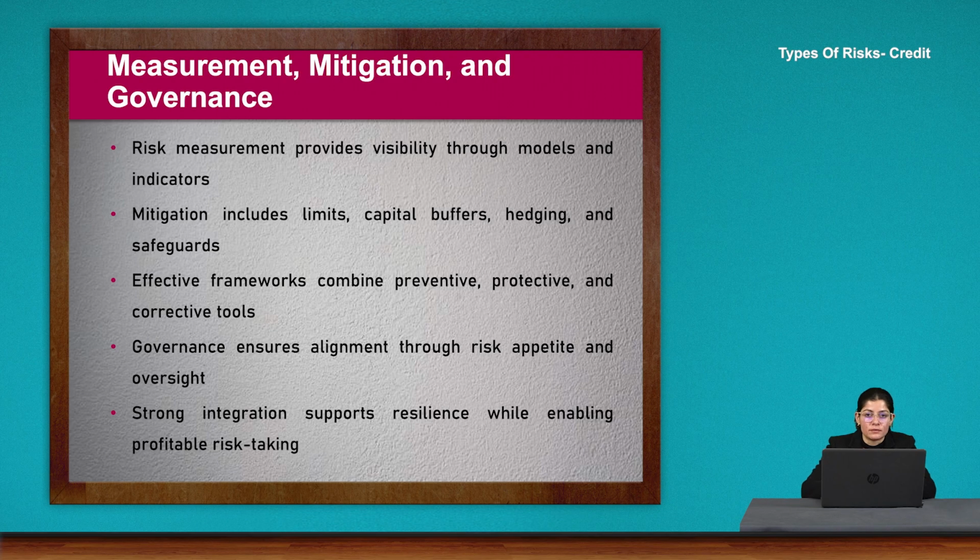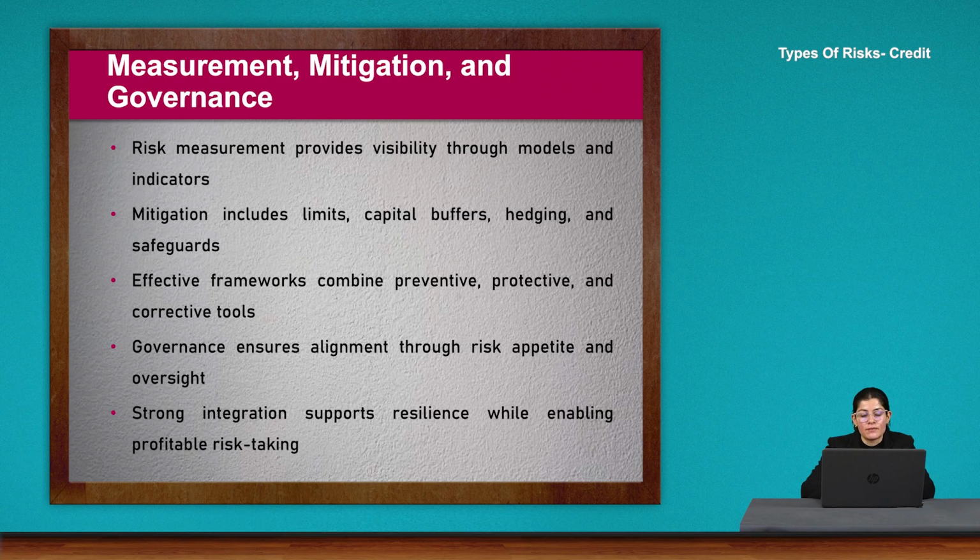Measurement and mitigation are inseparable from one another because of effective risk management. Measurement provides transparency through quantitative models, stress tests, rating systems, and key risk indicators, while mitigation translates this insight into concrete actions such as limits, approvals, and capital buffers.